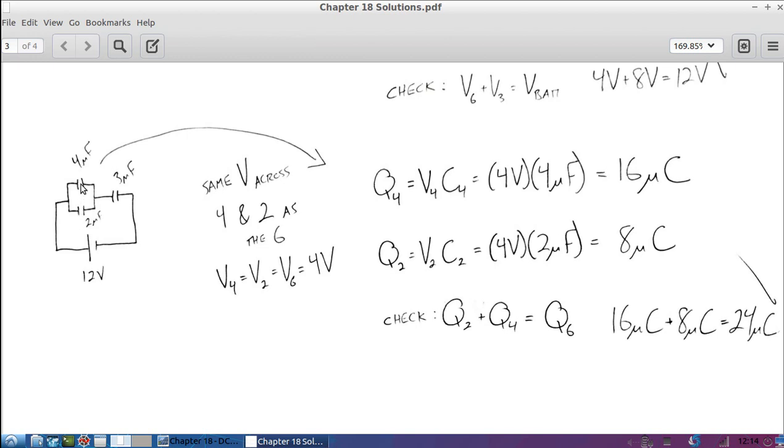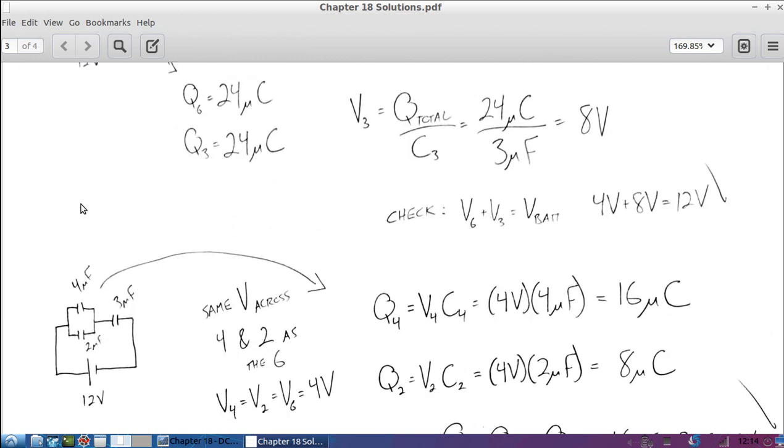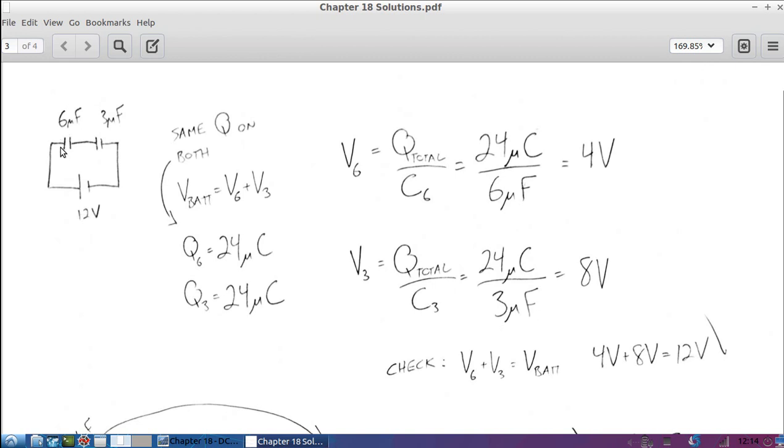So when I'm dealing with the 4 and the 2, my values have to match what was true for the 6. All right. So the capacitance of the 6 is 6 microfarads. The voltage across the 6 microfarad capacitor was 4 volts. All right. So I'm going to use that.